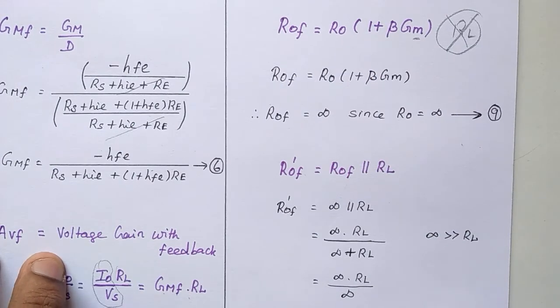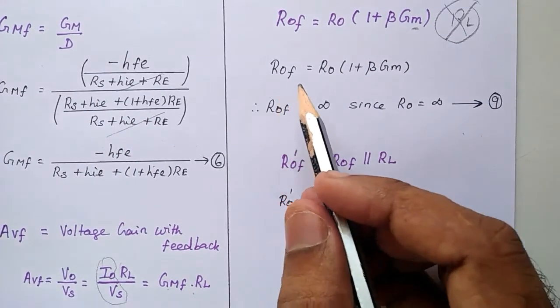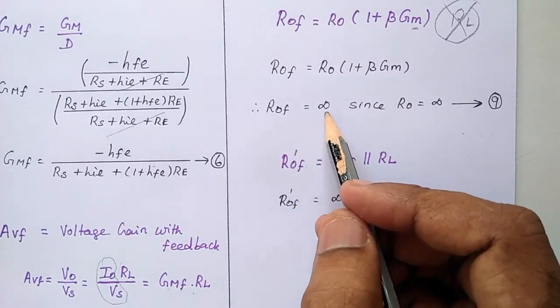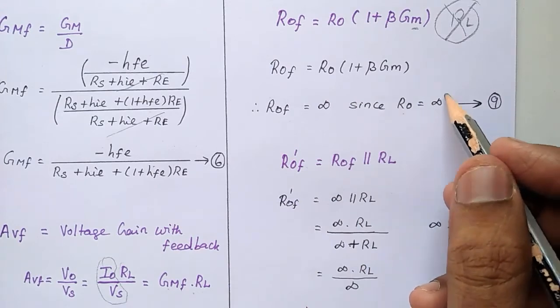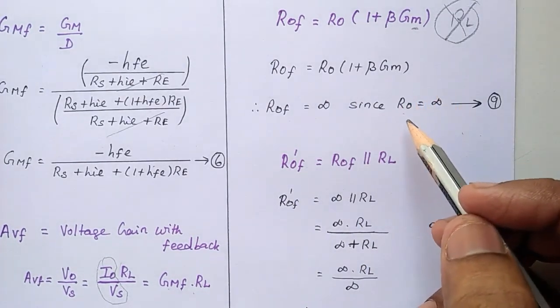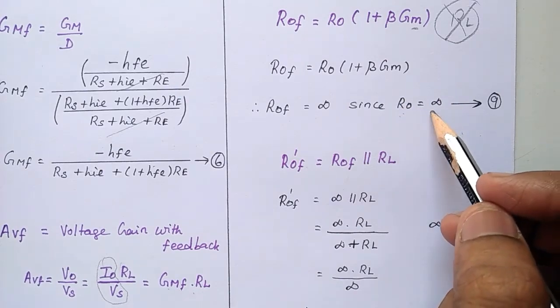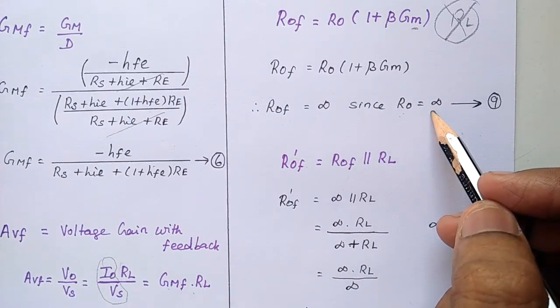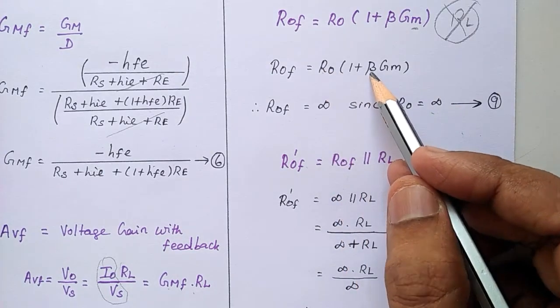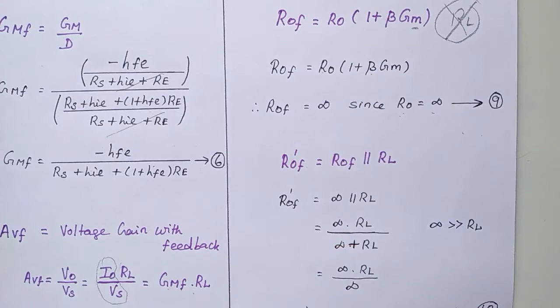This expression is also obtained from the effect of input and output resistance of current series feedback amplifier, also available in my channel. Refer that. ROF is equal to 1 plus beta GM. So ROF is equal to infinity because RO is equal to infinity for common emitter configuration. For common emitter configuration, the output resistance is infinity because of the early effect concept. Hence, the infinity is multiplied with this term becomes as infinity.